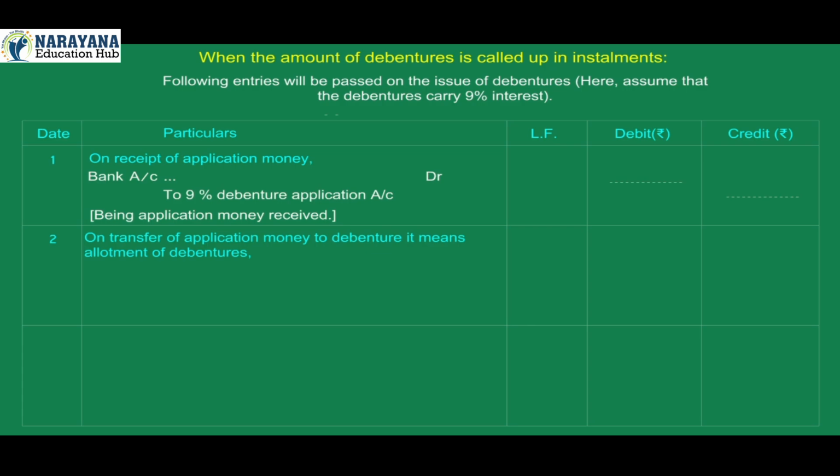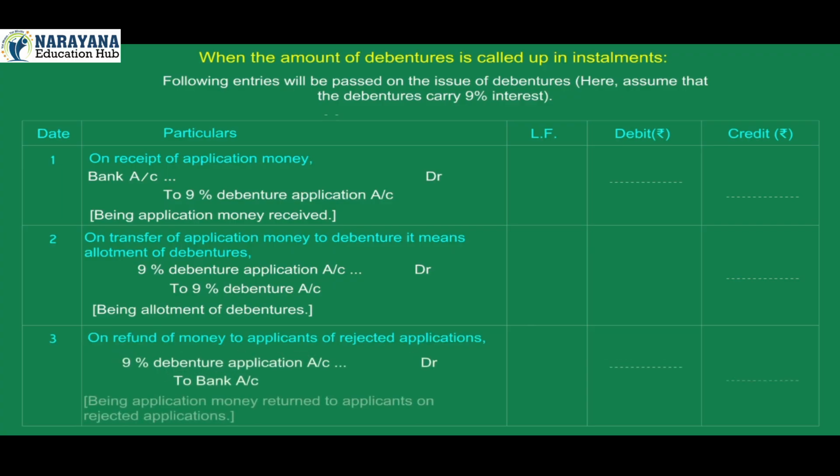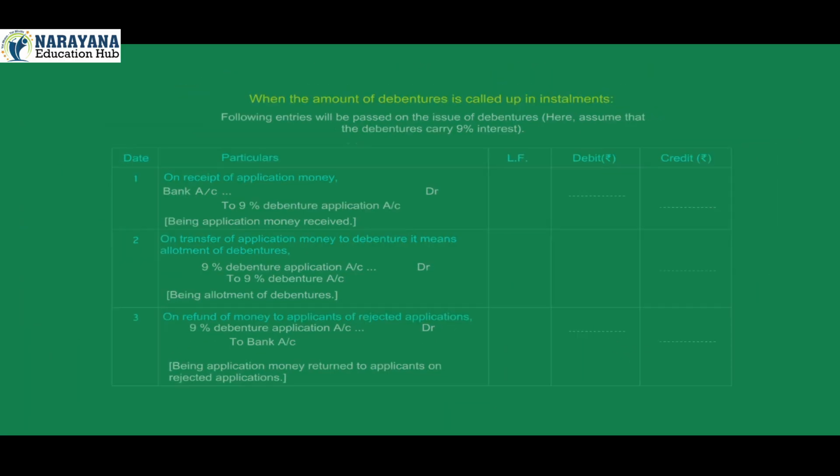On transfer of application money to debenture, it means allotment of debentures: 9% debenture application account debit, to 9% debenture account credit, being allotment of debentures. 3. On refund of money to applicants of rejected applications, 9% debenture application account debit, to bank account credit, being application money returned to applicants on rejected applications.